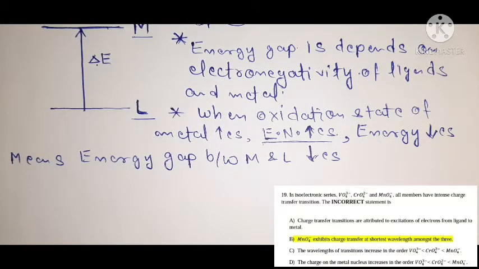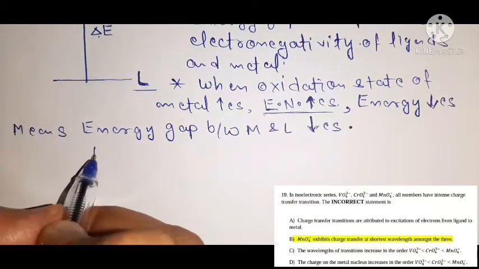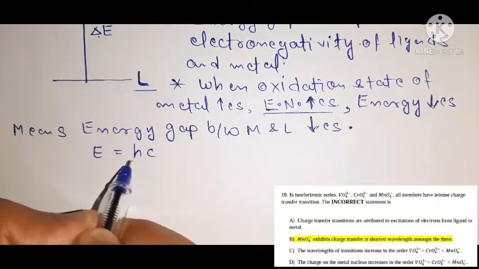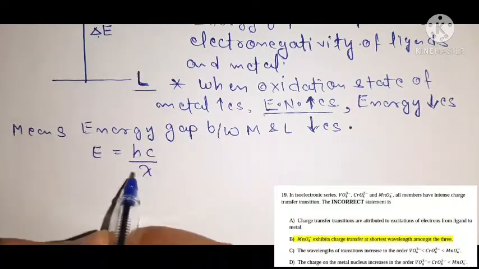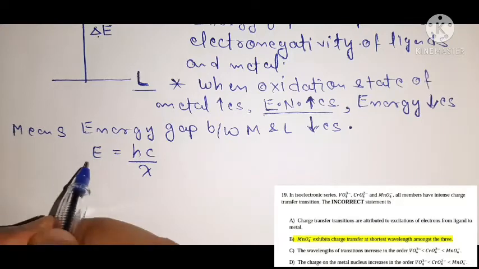And now we talk about the wavelength of this transition. Wavelength is inversely related to the required energy, from the relationship E equals hc upon lambda. There is an inverse relation between wavelength and energy.